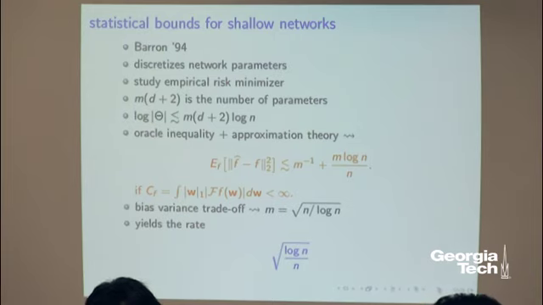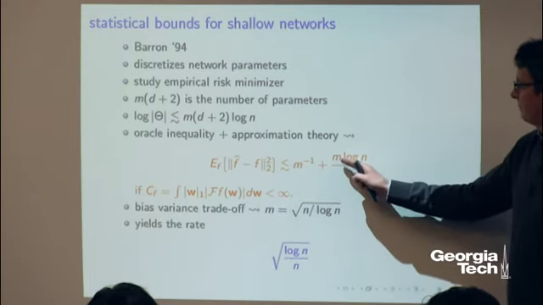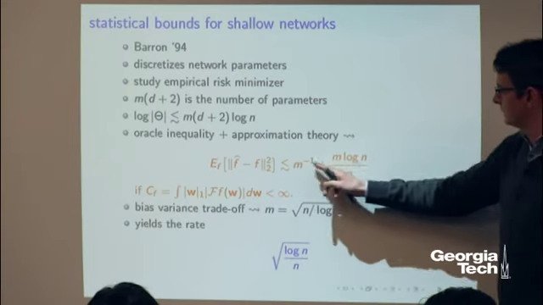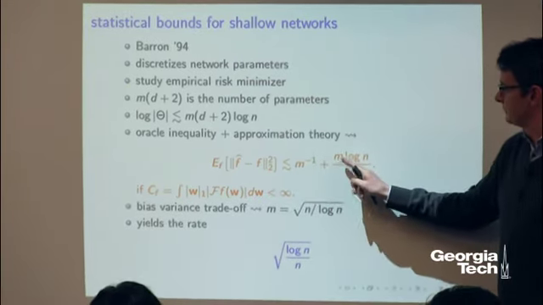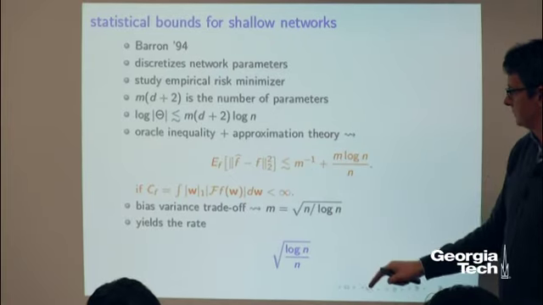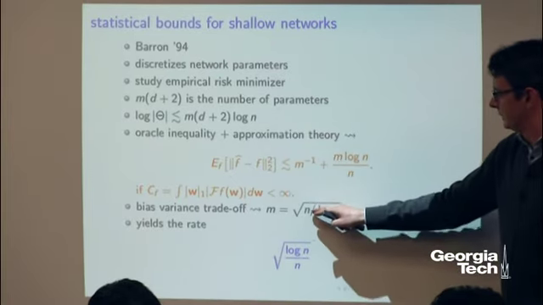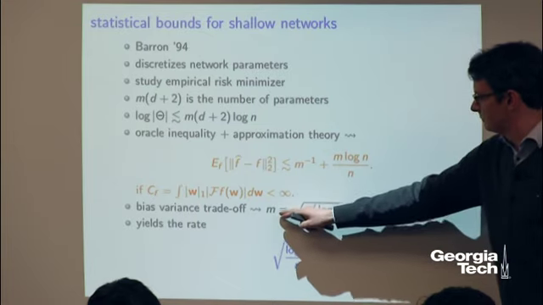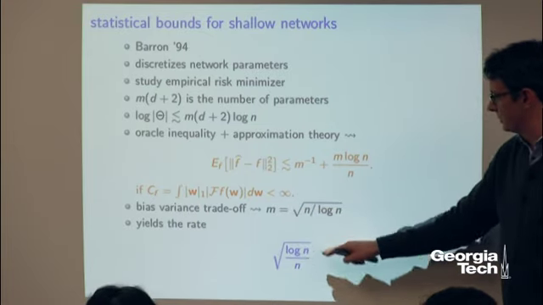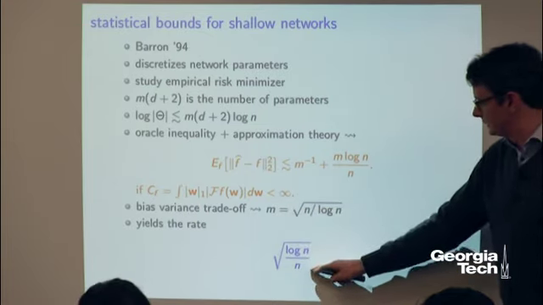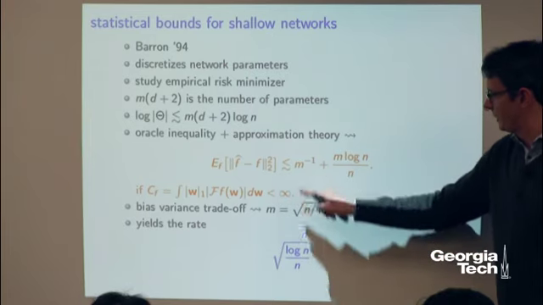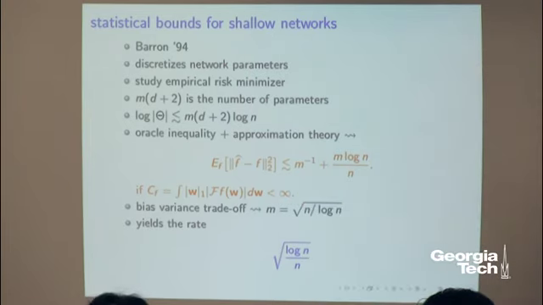And then you can wonder, how should I pick m? How many units should I put in my hidden layer? Of course, a good choice based on this bound is to take one which balances these two terms. If you do that, you have to choose m of this order, and if you stick that into this formula, you get a rate of convergence of square root of log n over n.